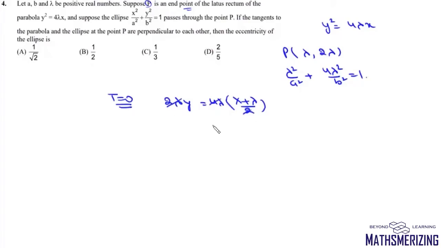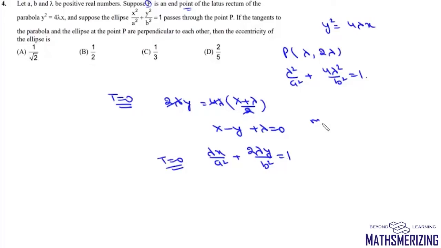So we'll get this equation as x minus y plus lambda equals 0. And the equation of tangent to this ellipse will be lambda x upon a square plus 2 lambda y upon b square equals 1. So again, it is given by T equals 0.